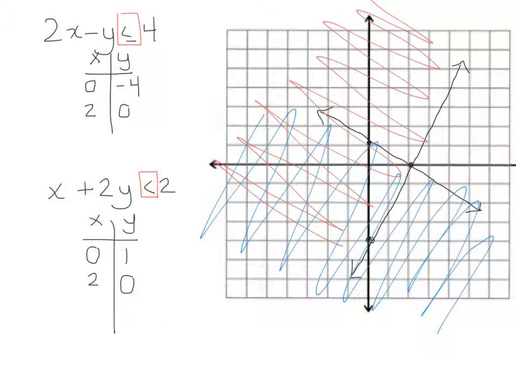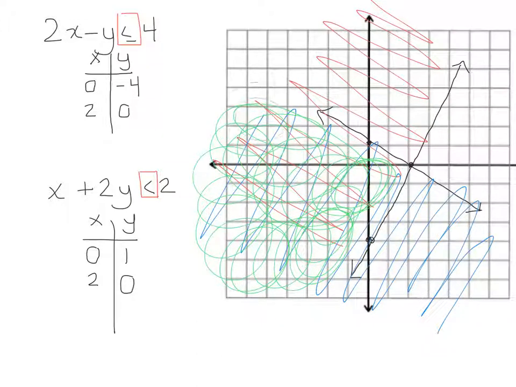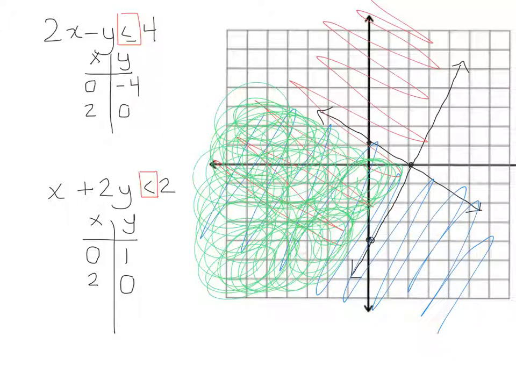Now I want you to notice that there is one triangular region that is shaded in both red and in blue. And it's this region right in here. This region contains points that are the solution set to this system of inequalities, excuse me. This green region, any point in it will satisfy both conditions in my system.